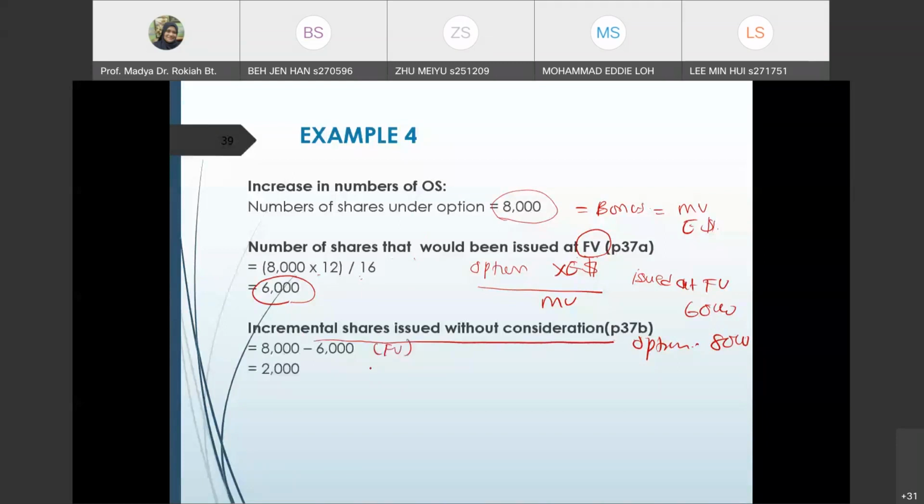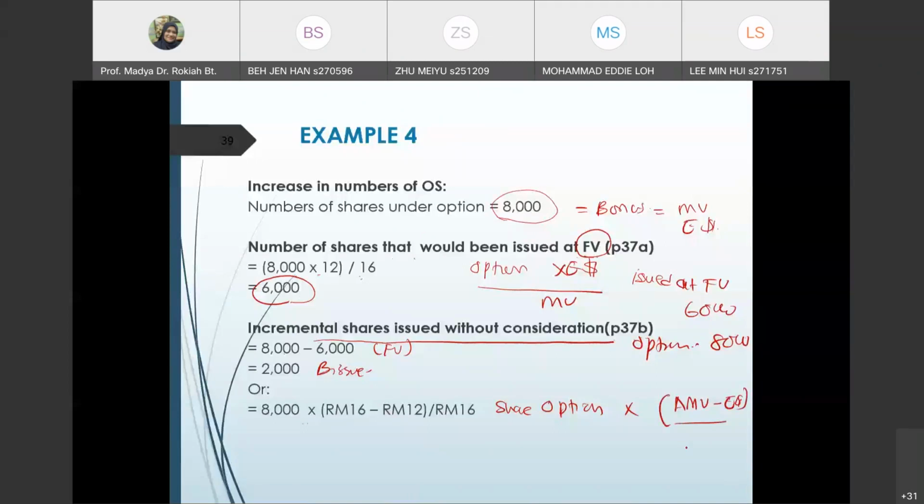Or here is another formula to calculate this one, which is simpler. Share options times average market value minus the exercise price, divided by average market value.